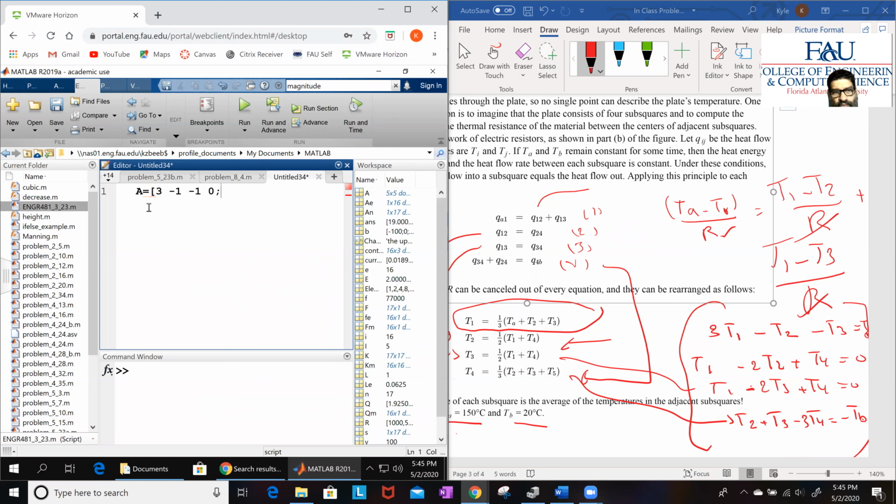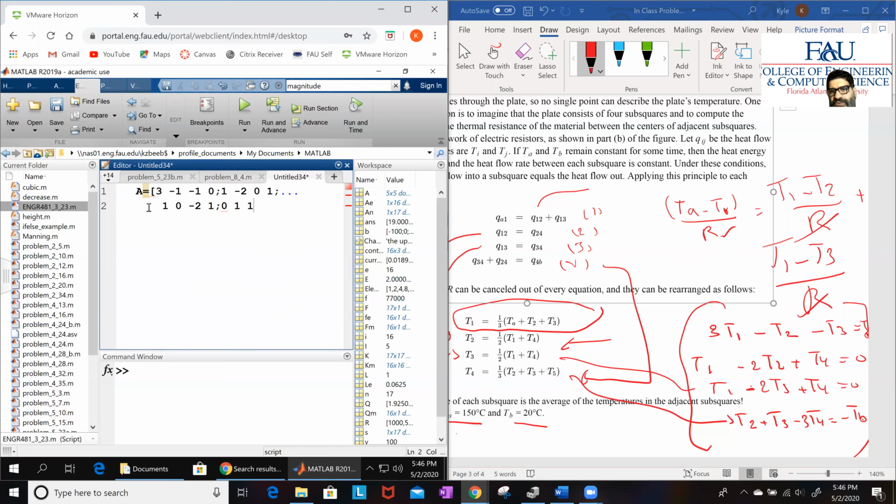The third equation is 1, 0, minus 2, and 1. And the fourth equation is 0, because there is no T1, then 1, 1, minus 3.